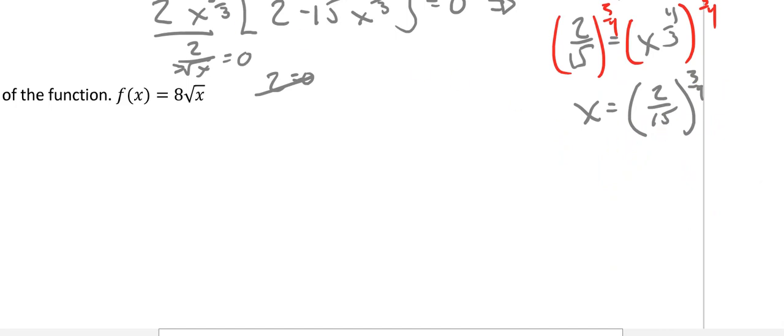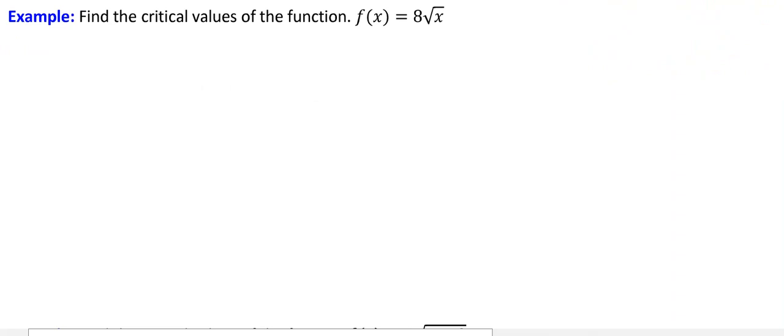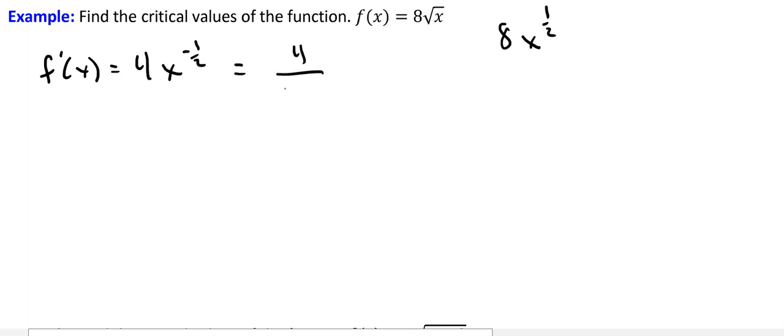All right, the next problem, we have a radical. So we haven't done one with a radical yet. Let's take the derivative. First of all, you may want to change this to 8x to the 1/2 power. And so this is going to be 1/2 times 8 is 4x to the negative 1/2, which of course is 4 over the square root of x.